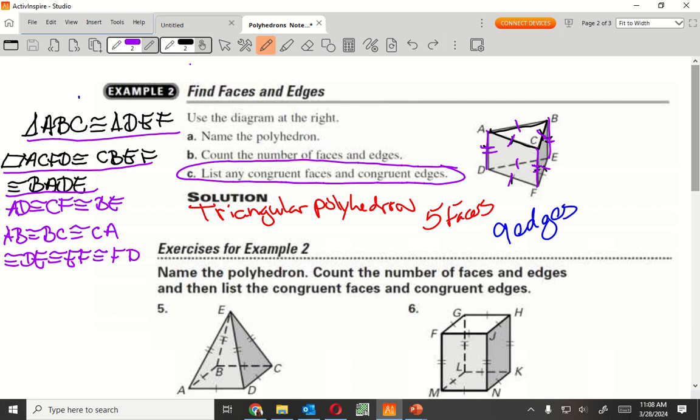No. You, what is it? Pyramid. It's a what? Okay, thank you. We're talking about the name. It's a pyramid. It's a pyramid too.